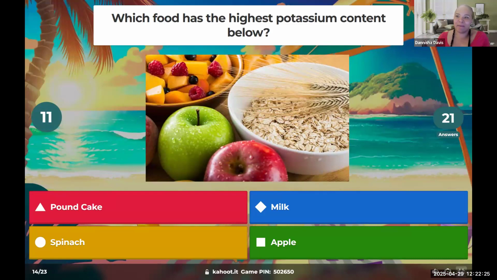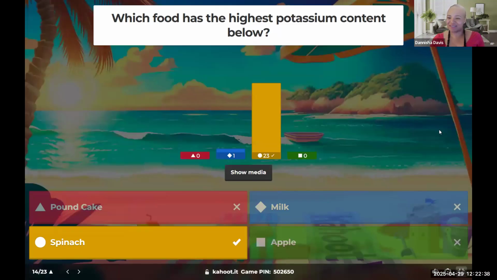Highest potassium. Very good. I like to think it's pound cake, personally.